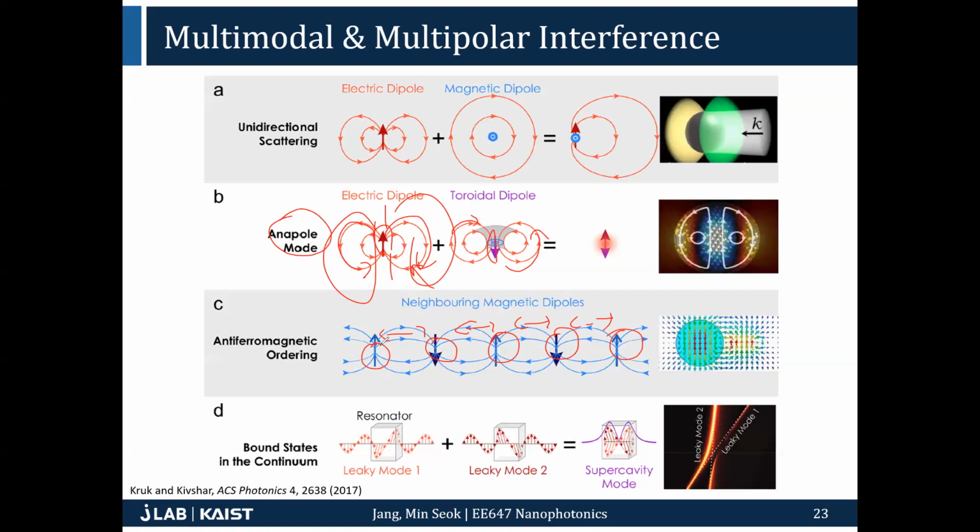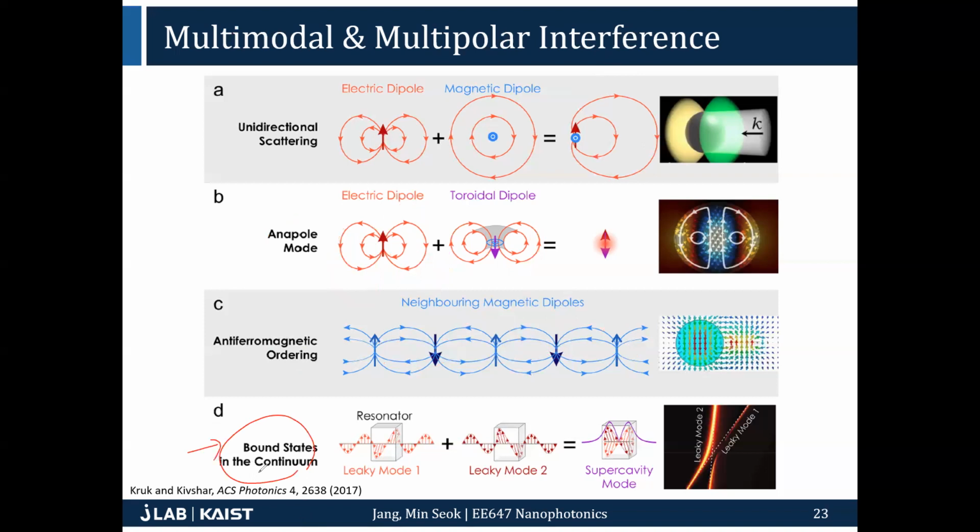So if the interaction between the nanoparticles is strong enough, you can actually see optical antiferromagnetic ordering.